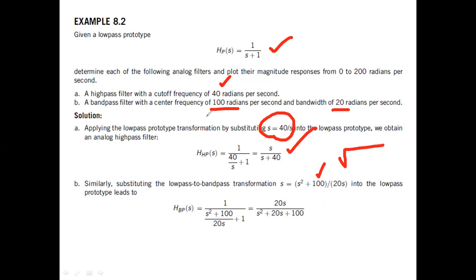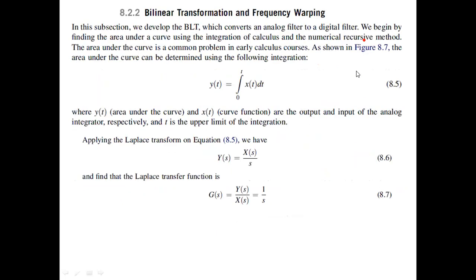Had he given a lower cutoff frequency of 20 and an upper cutoff frequency of 200, then we would have taken the root of 20 into 200. Here nothing like that, he gave a single frequency in the middle of the band.